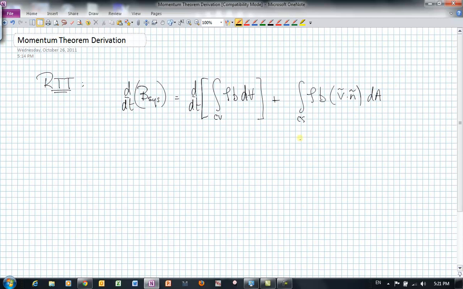This is just recapping what we know. B is an extensive property. Little b is big B divided by m. And off we go.